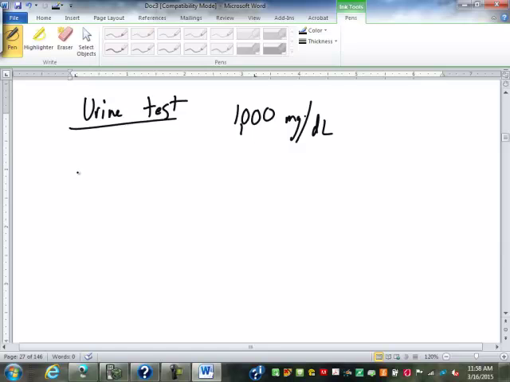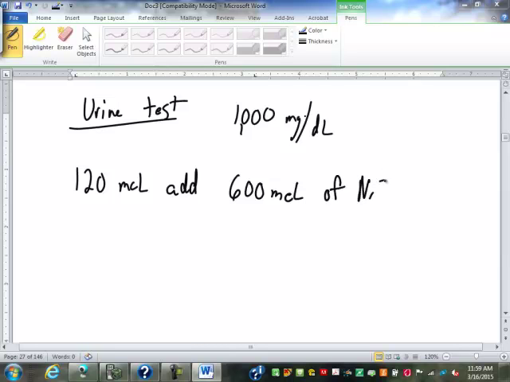And so what we're going to do is take a 120 microliter sample, and we are going to add 600 microliters of a neutral solution to that urine.